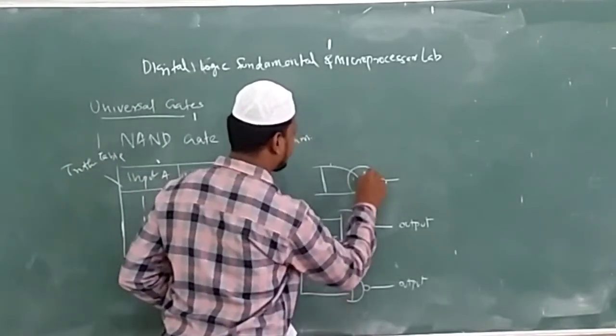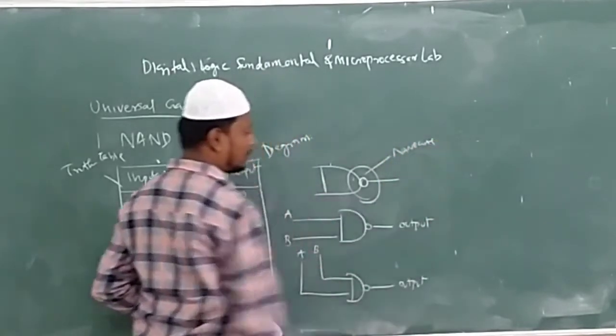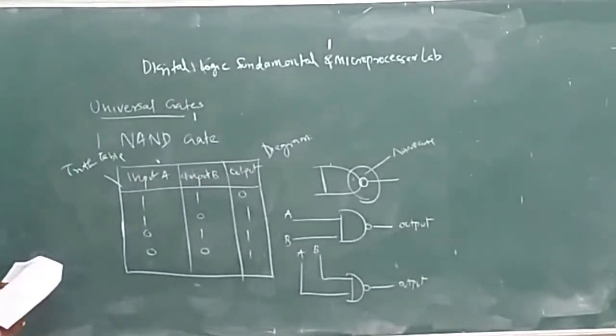This is the method you can use to change the NAND gate. So, this is the NAND gate truth table and diagram.